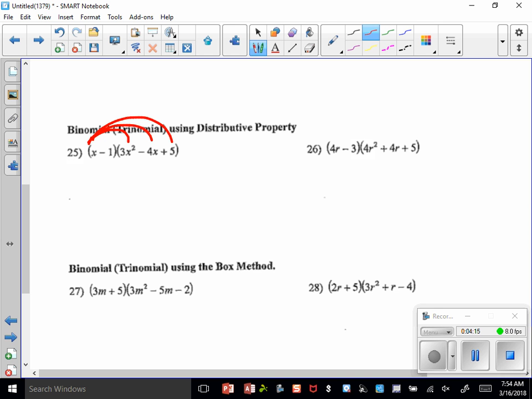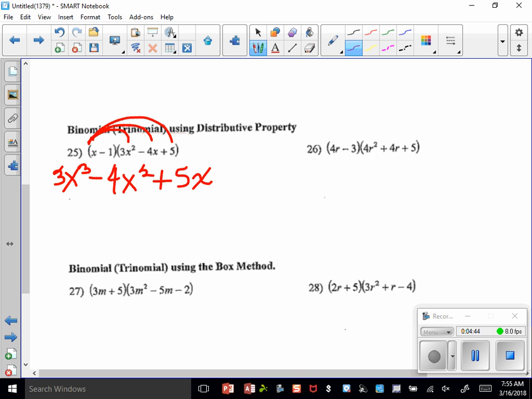Okay, so really you're just taking the x term first, multiplying it by all 3, then you'll take the -1, multiply it by all 3, and then combine the like terms together. So x times 3x to the second will give you 3x to the third. X times a -4x will give you -4x squared. And then x times 5 will give you a plus 5x.